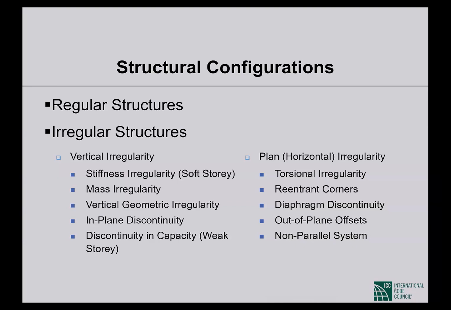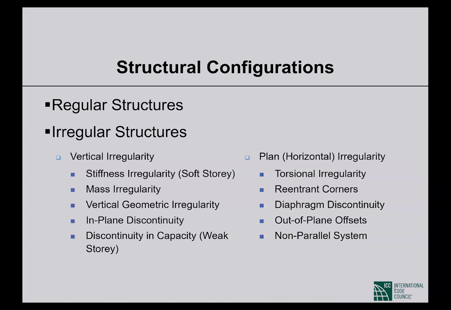Now, there is another very important aspect of structures, that is a building structure can be regular or irregular. Many things depend on this classification. So if a structure doesn't have these irregularities, then it automatically becomes a regular structure. Now, what are the irregularities? The irregularities are classified in two classes.